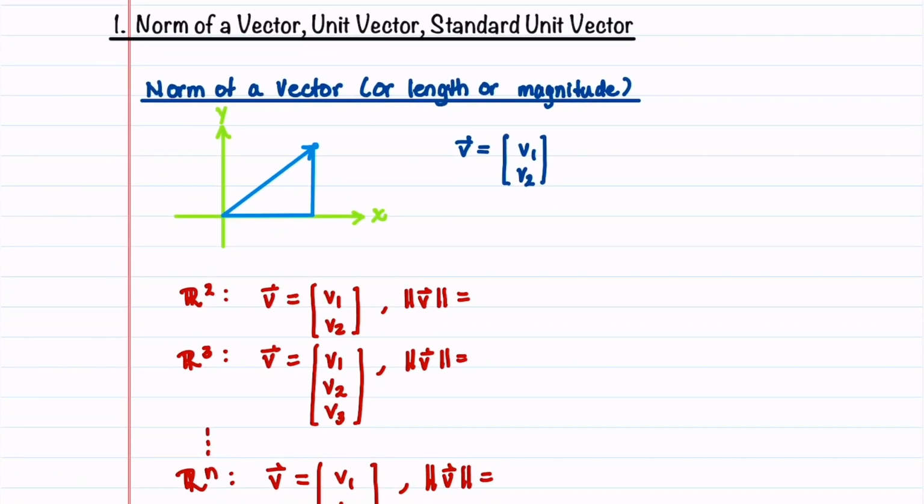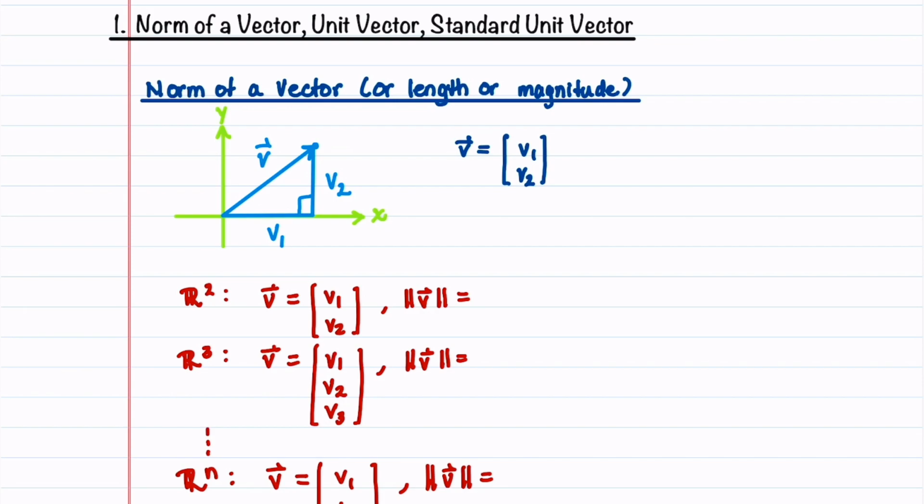The norm of a vector is the measure of its length or magnitude. Let's start with a vector v in R2 equal to (v1, v2), and look at its graph. This is our vector v. Its x component is v1, and its y component is v2. Let's note that this is a right triangle.